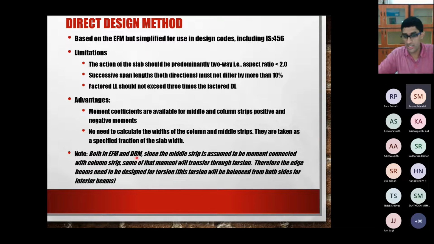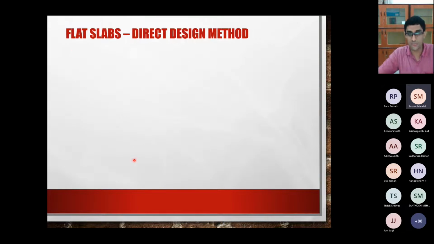The reason being that both these methods will actually design it for some moment on the edge. A moment on a slab edge becomes torsion on a beam, so you'll have to design that beam for torsion. The edge beam should be designed for torsion. If you are designing a flat slab, obviously there are no beams, so you don't need to worry about that there.